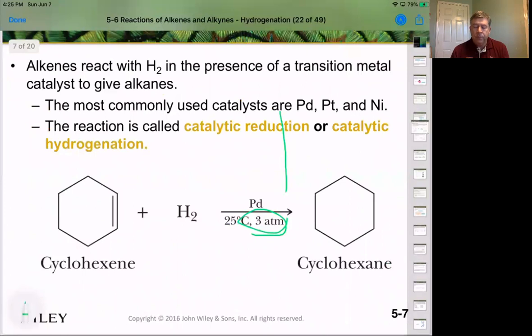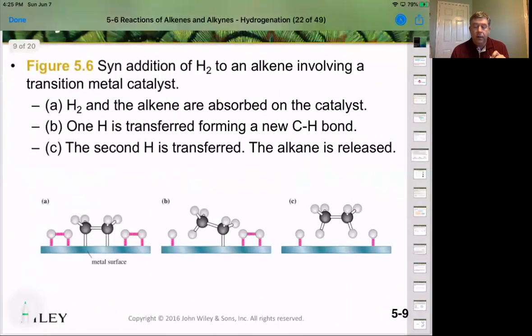Okay, so if we're making this and we have to have this catalytic hydrogenation where we have to have the hydrogen adsorbed to the metal first, that tells us something about the regioselectivity. Okay, so again, let's think about, because these hydrogenations are syn addition, why are they syn addition? Our first step is those hydrogens attached to this metal surface.